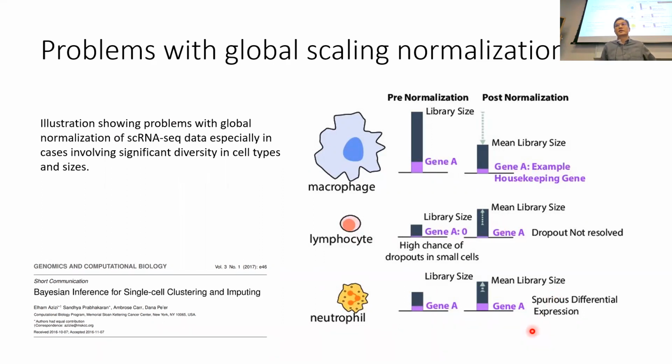So how can we deal with this? Any idea? Separate out the cell types and then normalize the cell types. Yeah, that's a good idea. So you first group cells by potential library size into bins and treat them differently. Basically, you get different global scaling factors to support the different sizes.